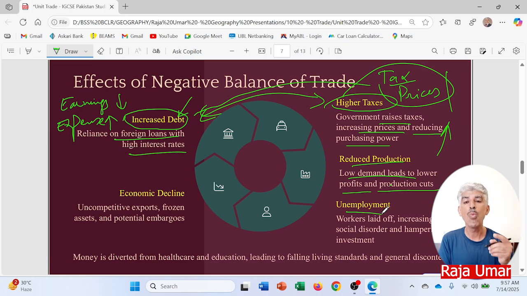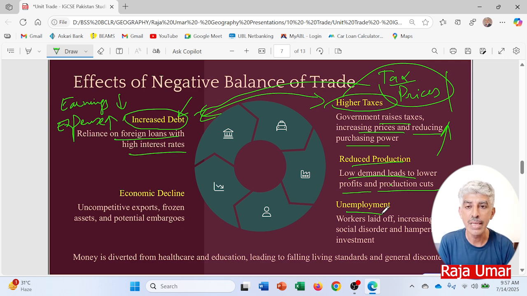Then unemployment. When there would be less production in the industry, as there is no demand of that product in the market, because of the low purchasing power the people are not demanding that product. Then what would happen? That the industry would stop producing, or will start producing that product in lesser quantity, and many of the employees of that industry would be losing their jobs, as industry would not be running 24/7.